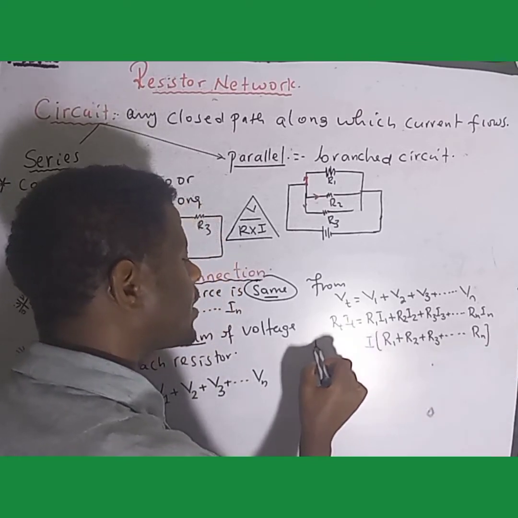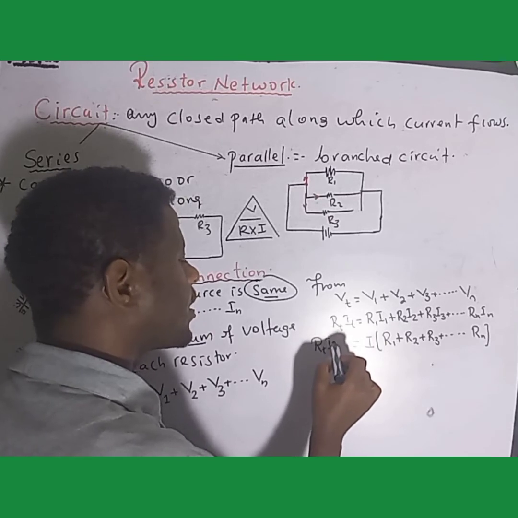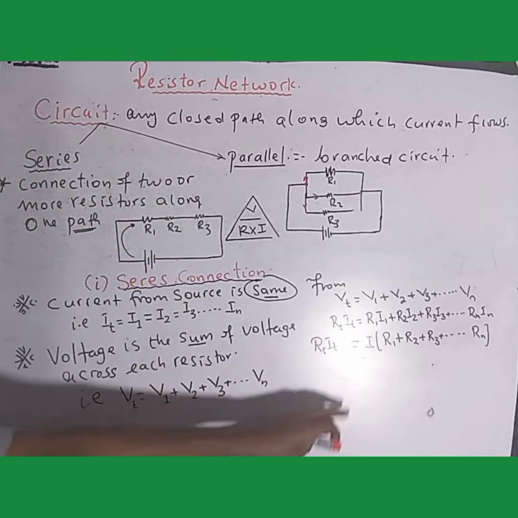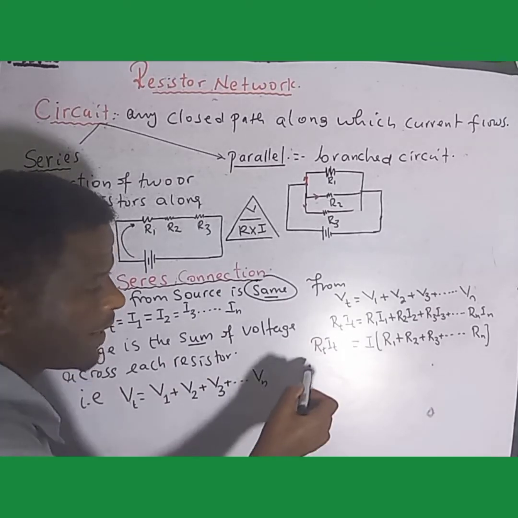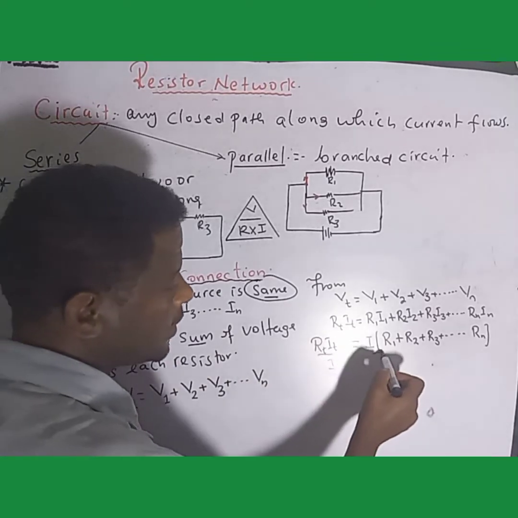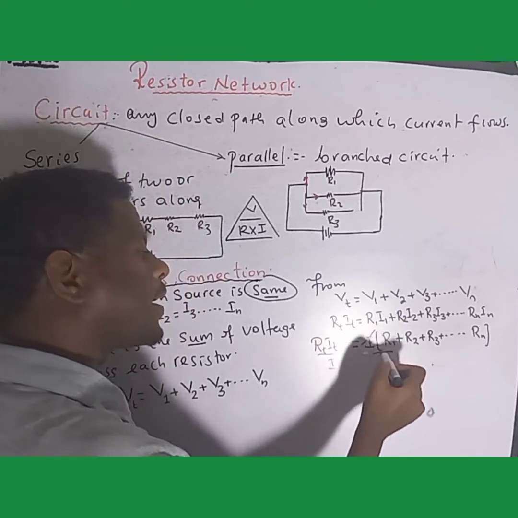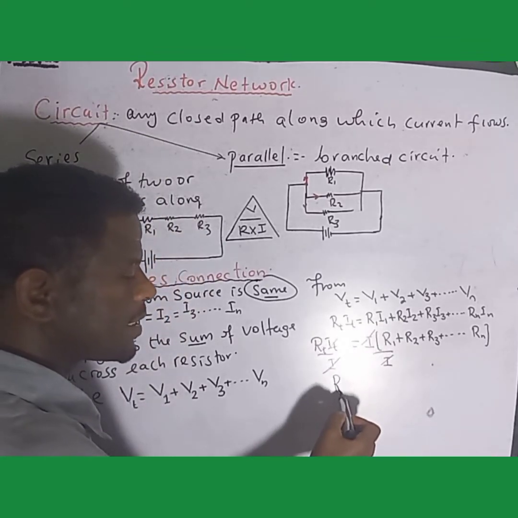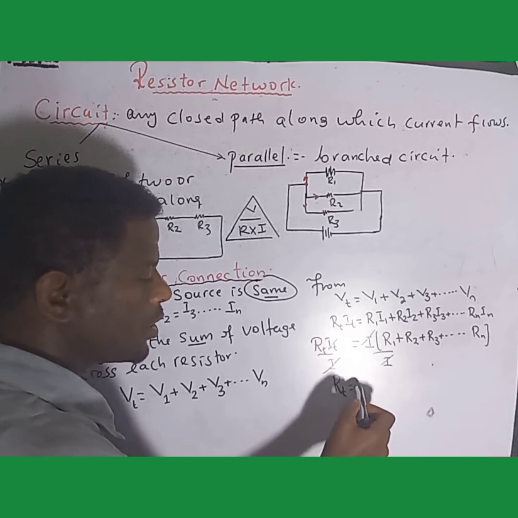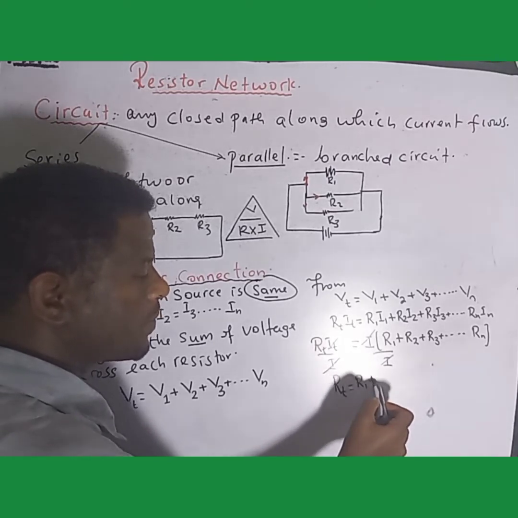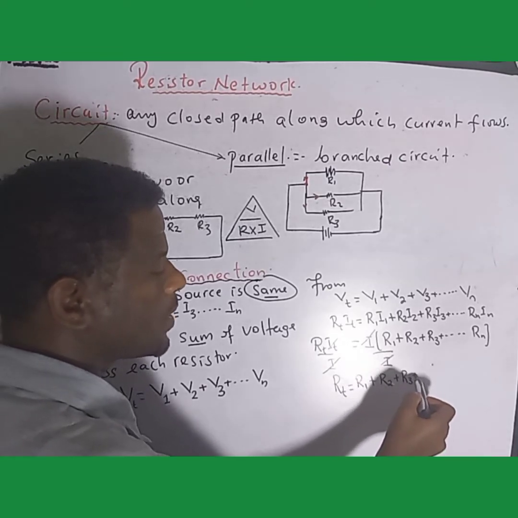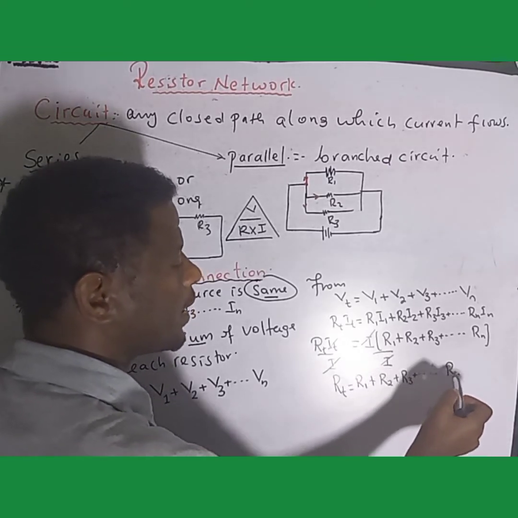This equals R total I total, and dividing both sides of the equation by current I, the I cancels. Then the total resistance for a series connection equals R1 plus R2 plus R3 plus Rn.